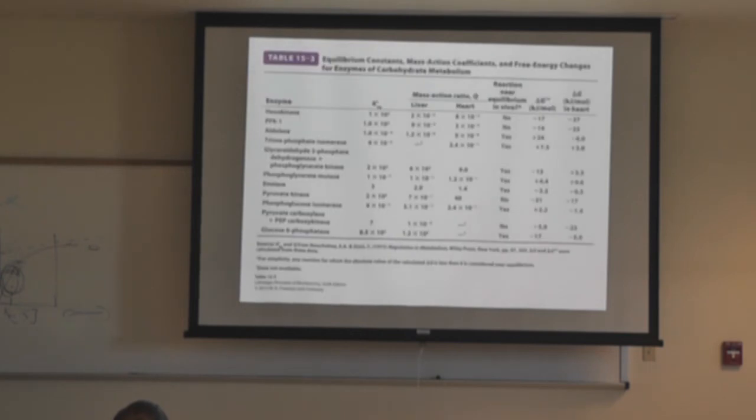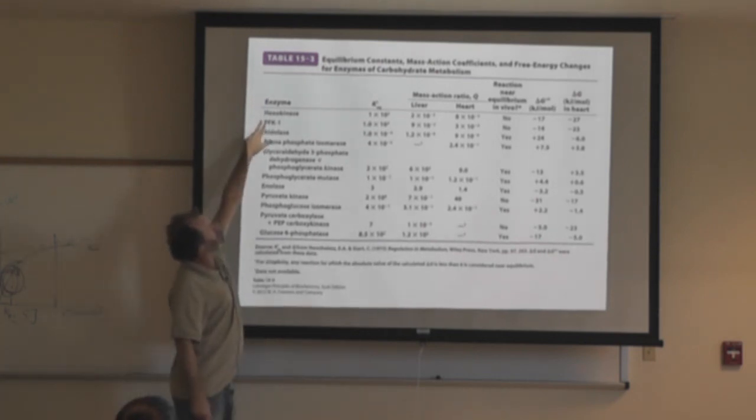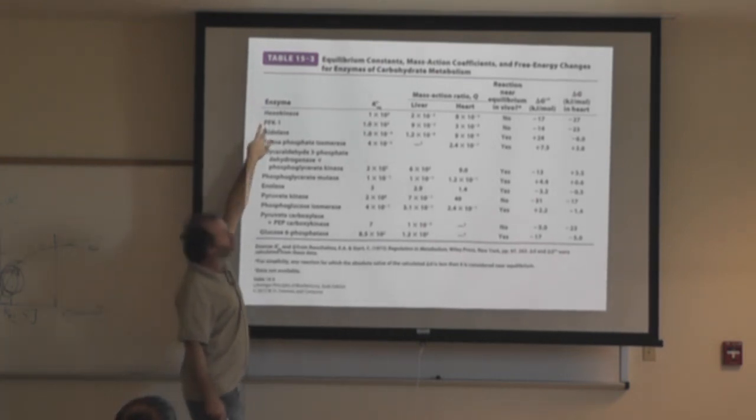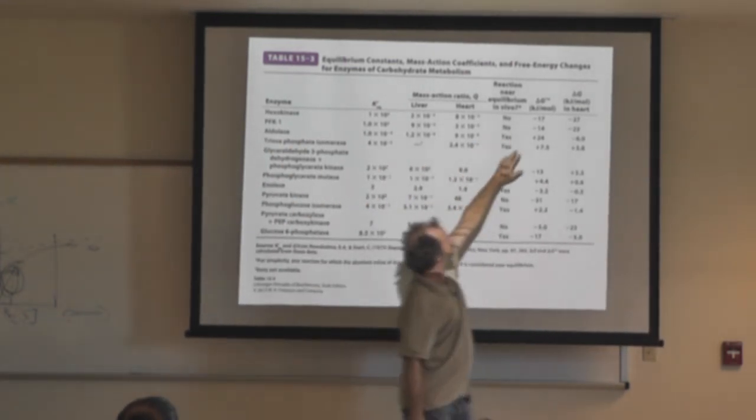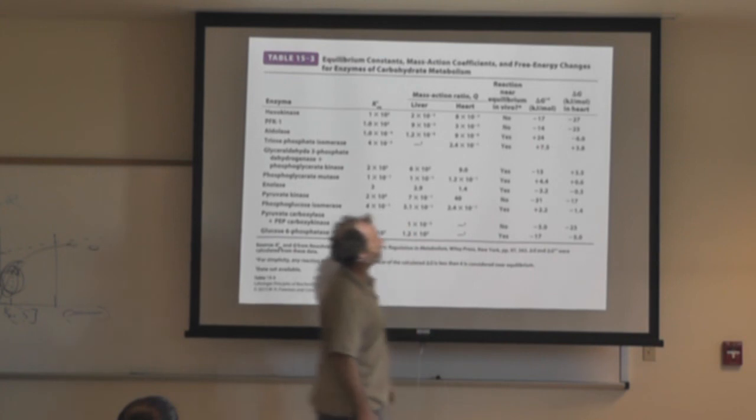And then these are some tables from your book showing you basically the equilibrium rates and the mass action ratios and which ones are near equilibrium. So the regulated steps, hexokinase, phosphofructokinase 1, not near equilibrium. Large free energy, right?